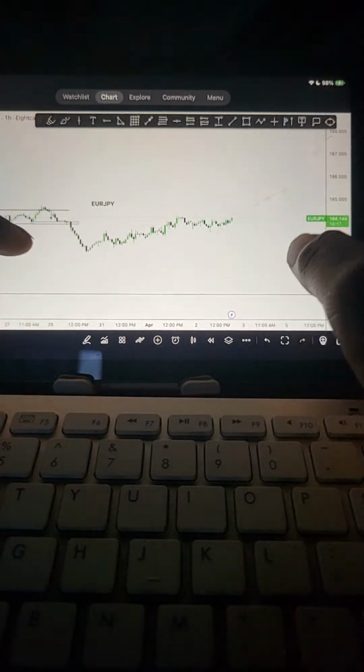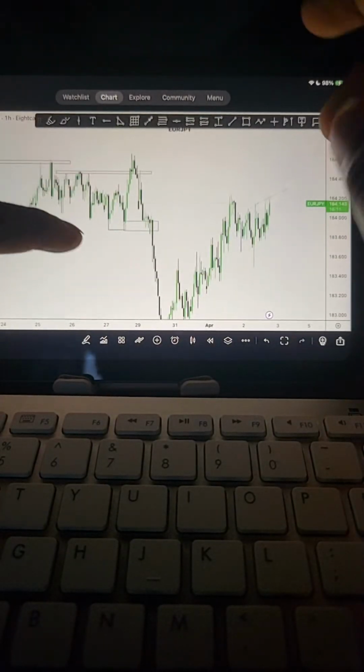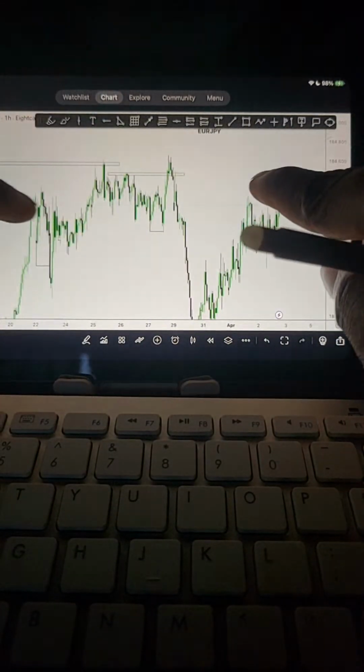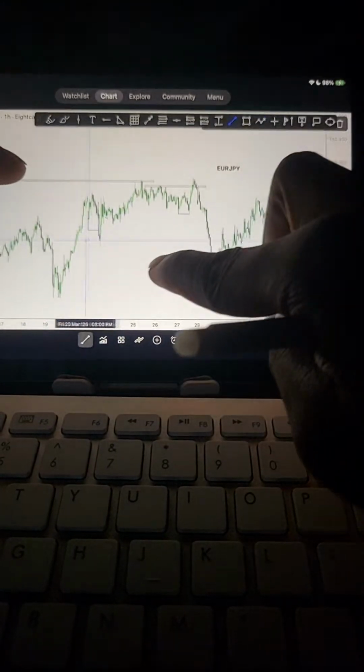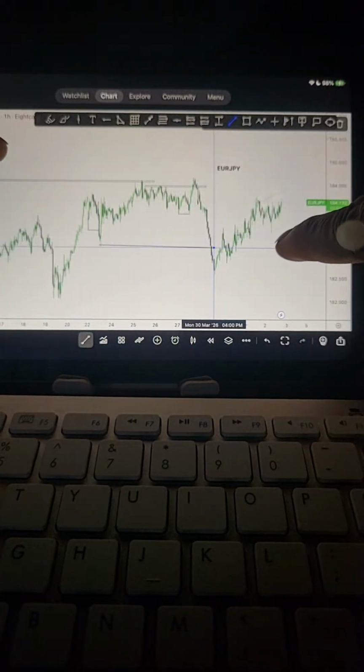All right, so now we want to be looking for how to sell Euro JPY, how to short on Euro JPY. Here's what price did on Euro JPY, breaking a previous low.